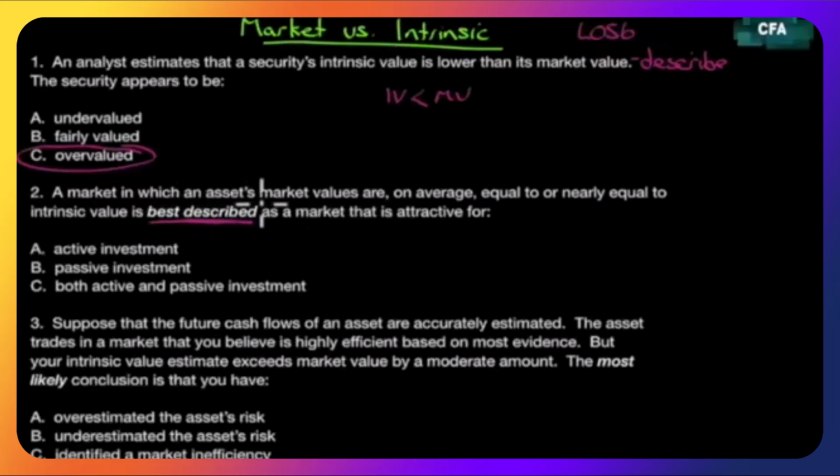If a market in which an asset's market values are equal or nearly equal to intrinsic value, that means there are no returns to be gained from active management, you'd say passive. Best described. You can make the argument about all three, but it's going to be that.